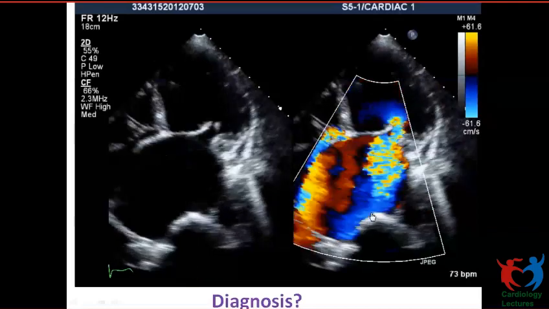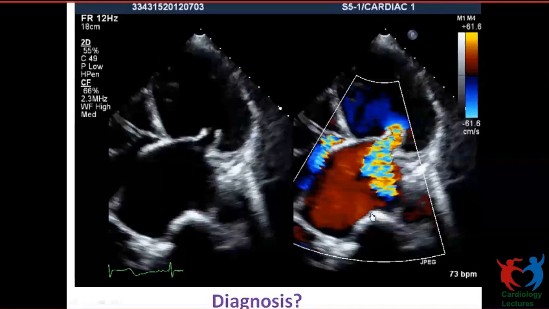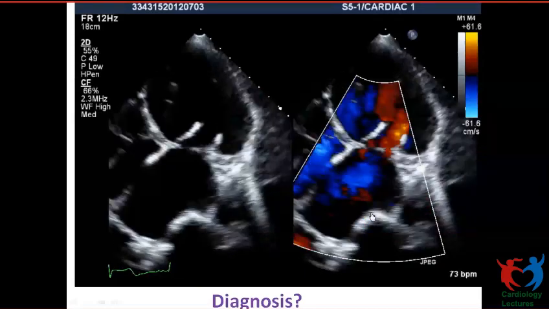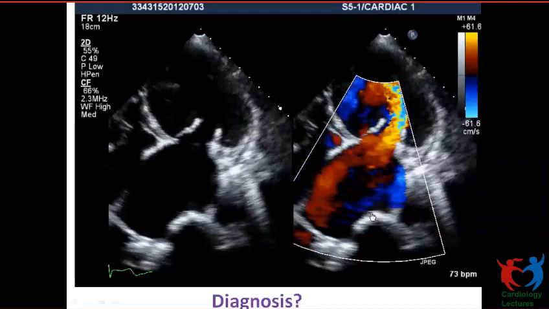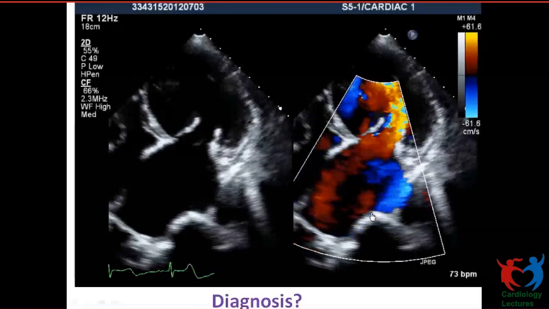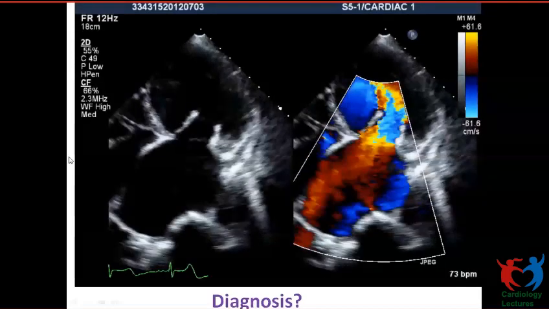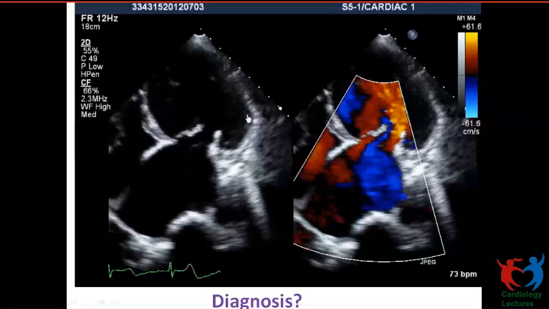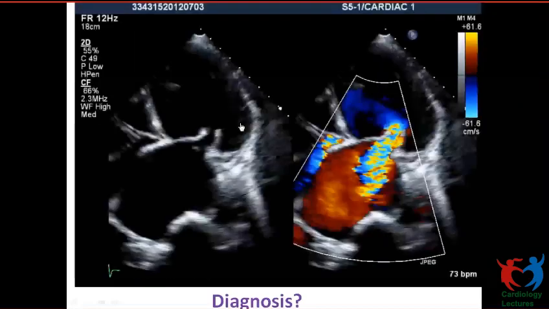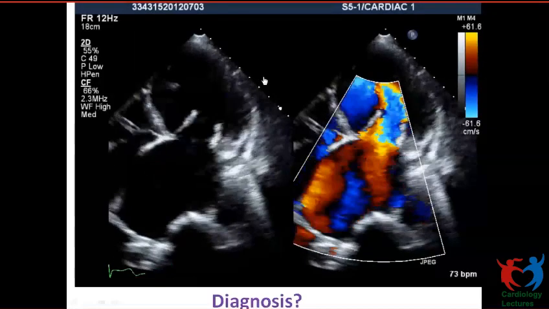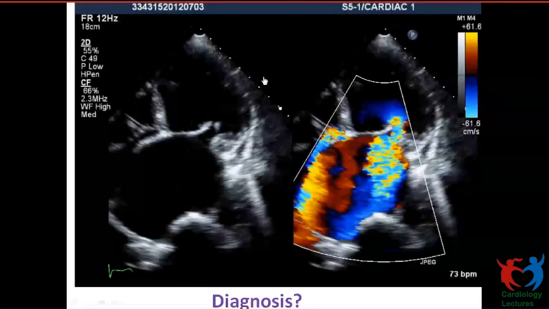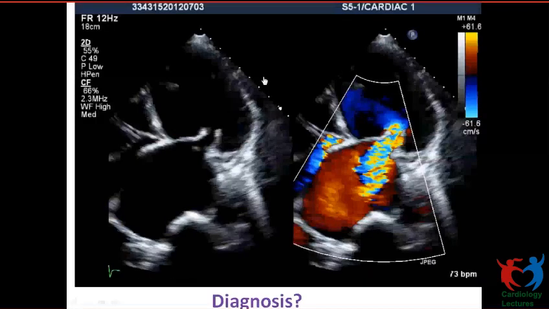LV is not dilated? LV is also dilated and the anterolateral wall is akinetic. PML is restricted. Anterolateral, or I think this portion. Lateral wall, ma'am. Yeah, lateral wall. Lateral wall is akinetic and there is severe MR.